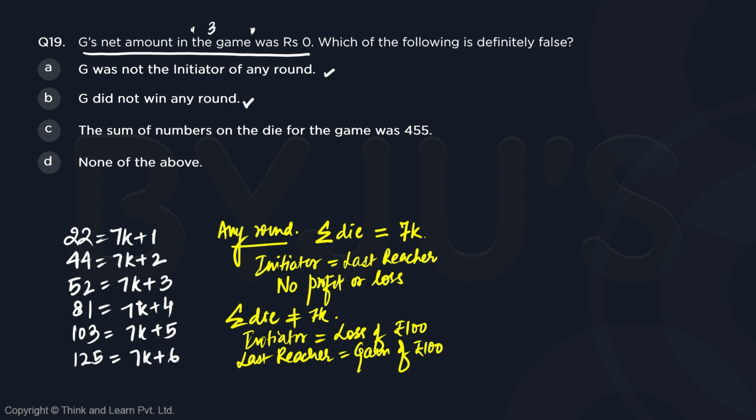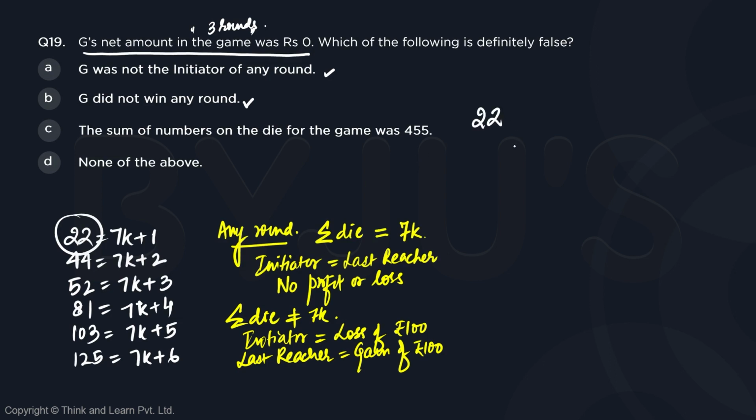So the game consists of 3 rounds, right? See, the sum of the numbers on the die for the game was 455. Now, for the number to be 455, what we can do is, see, the minimum value we have is 22, right?